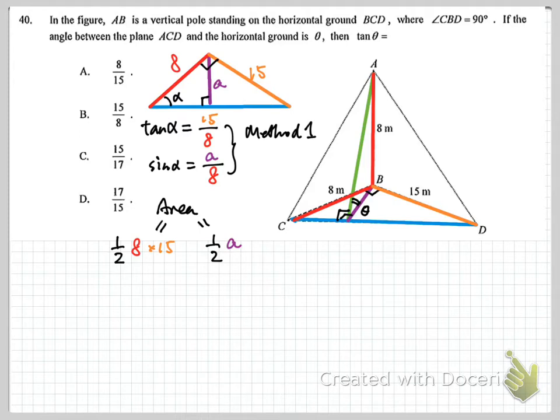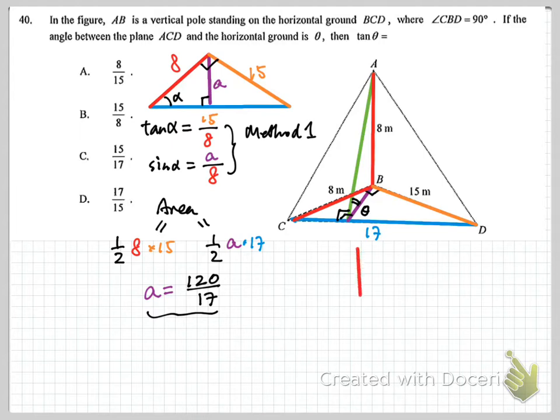The blue line is 17. So using the area as the bridge, we can get the length of A. We have A equals 120 divided by 17. Now with A, we can look at the red, green, purple triangle.